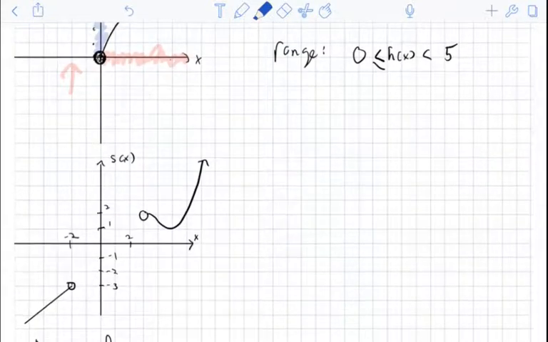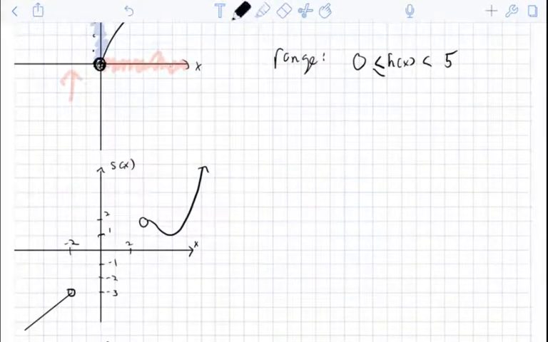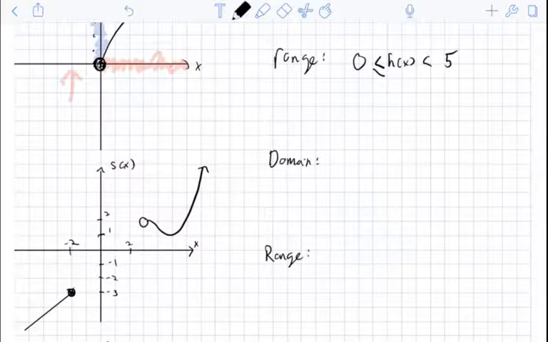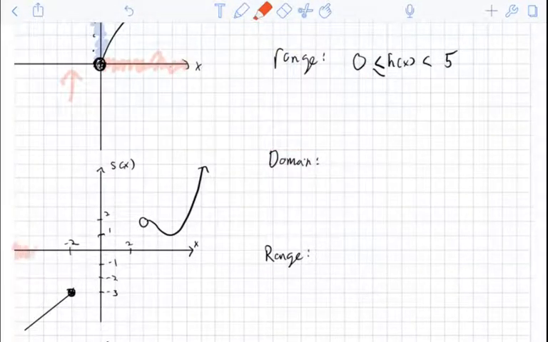Here's a fun one. Hey, look, it's got 2 open circles. You know what? I'm going to close one of these circles just for fun. All right, so domain and range. What values of x is the graph above and below? The graph is below it on this part, and it's above it on this part.